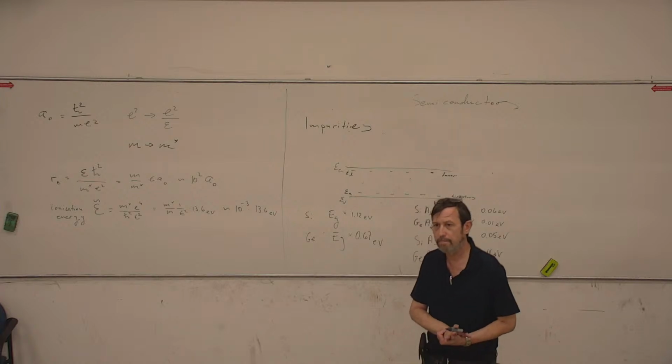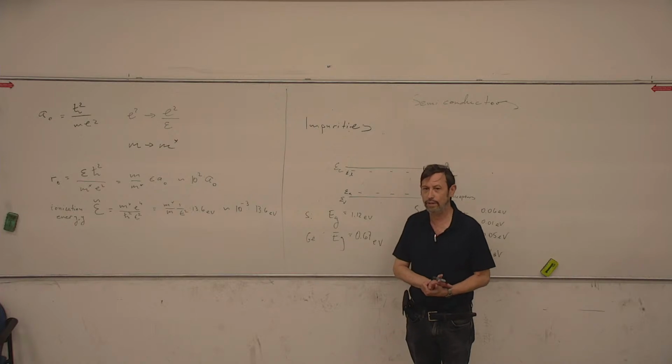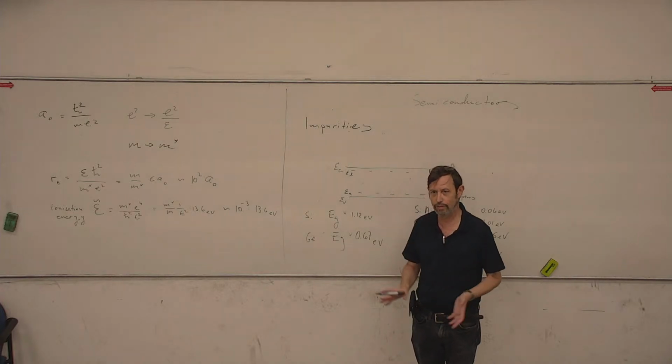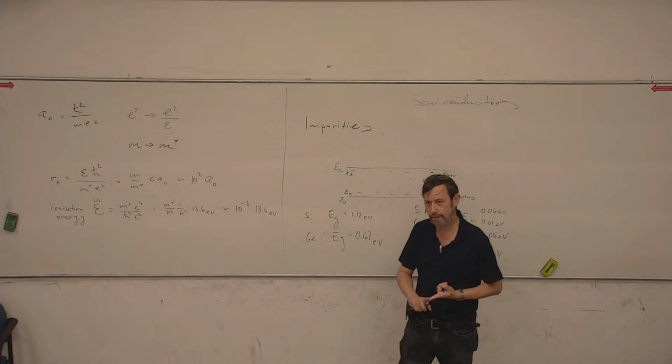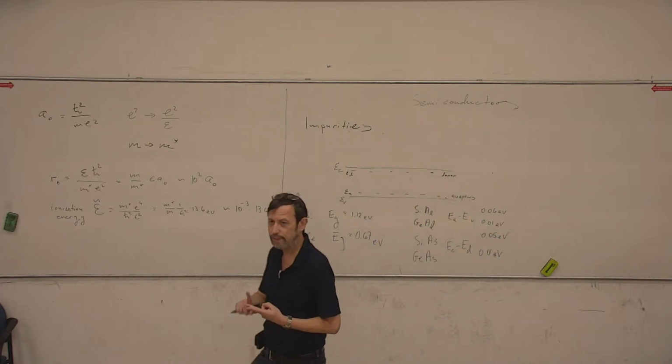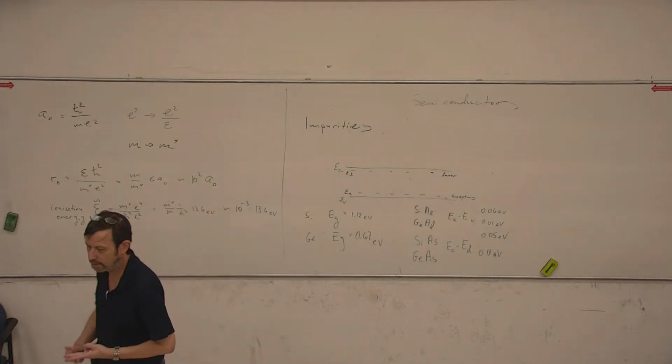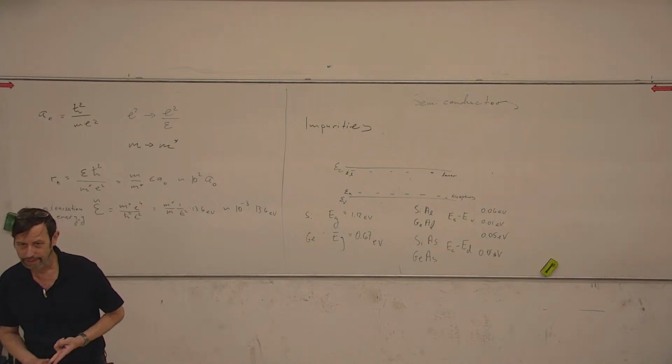Okay, so basically all technology that you know are based on this fact. What do I mean? Okay, we'll see how diodes are built. We'll see how transistors are built.